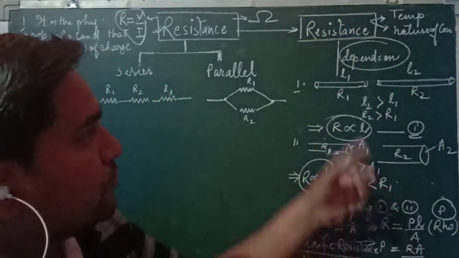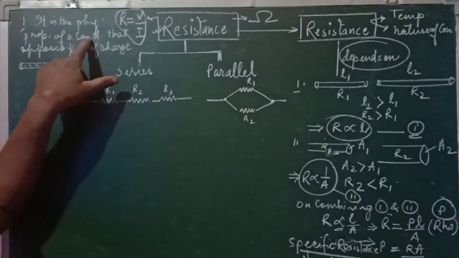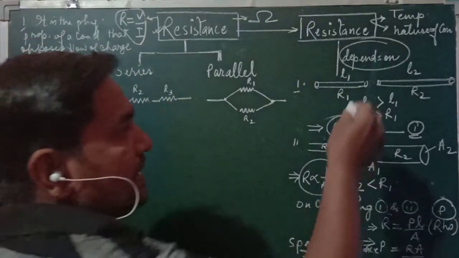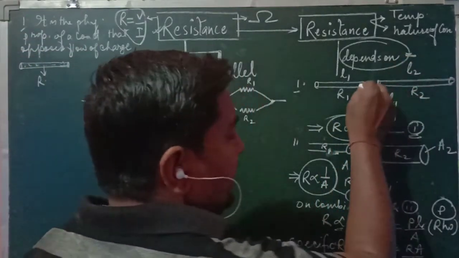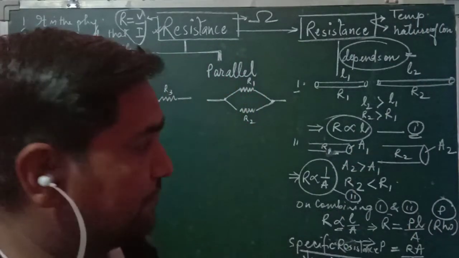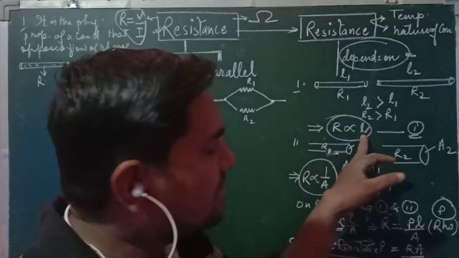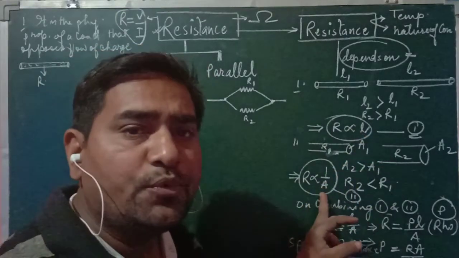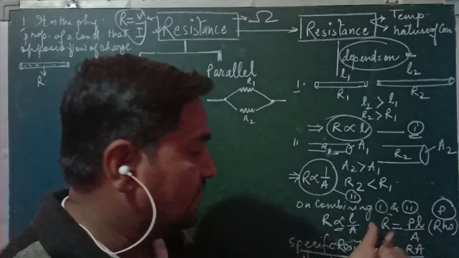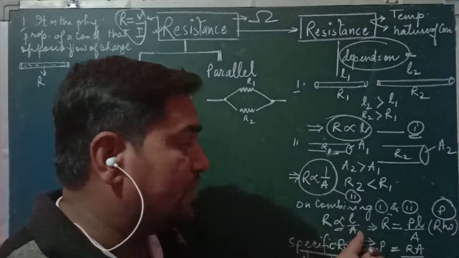So you have understood what is resistance, students. Resistance is the physical property of a conductor that opposes the flow of charge. It depends on length, area, temperature and nature of conductor. But actually it is directly proportional to length while inversely proportional to cross-sectional area. When we combine first and second, we get R directly proportional to length upon area.